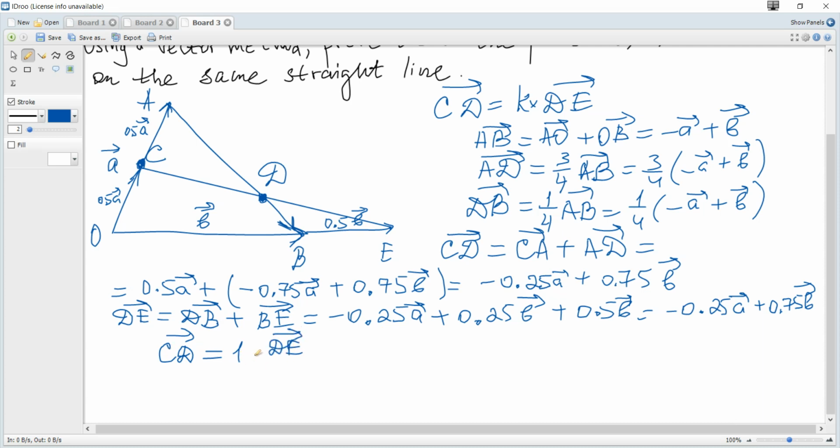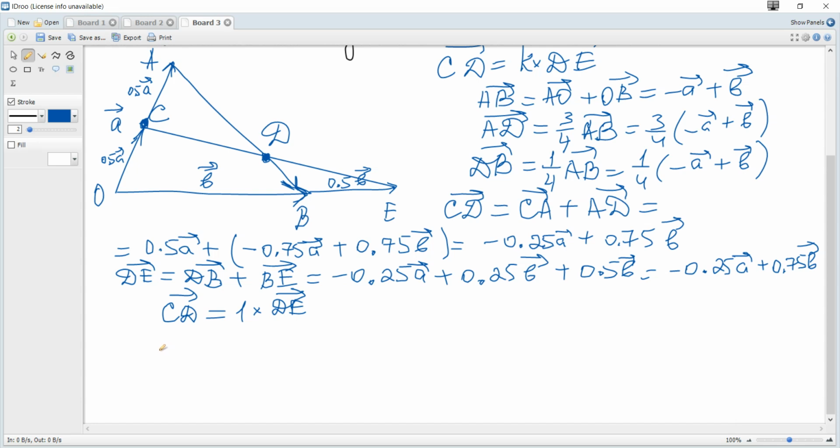When one vector is a multiple of another vector, meaning some value multiplied by another vector, it means that the vectors are collinear. And since the multiple is one, it means that the vectors are of the same length and are directed in the same direction, and hence they are equal.